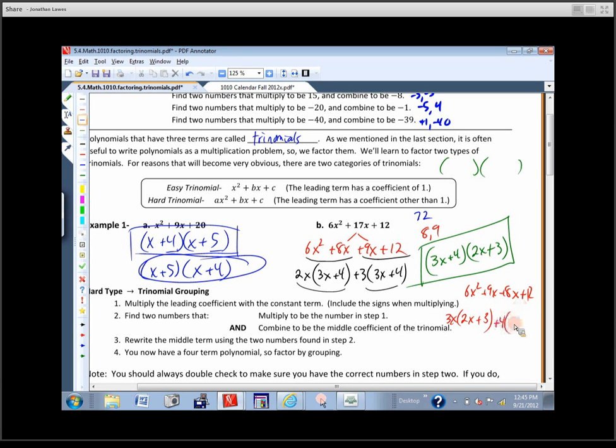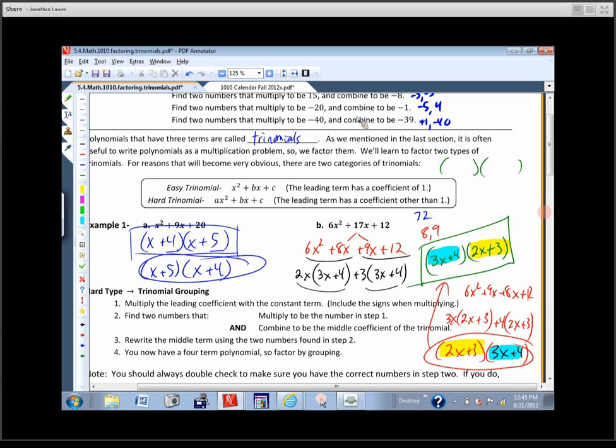I'm left with a 2x plus a 3, so I take out a 2x plus a 3, and I'm left with 3x from the first one, and I'm left with a 4 from the second one. So, same factors, just in opposite orders. Okay, commutative property again. Okay, good?